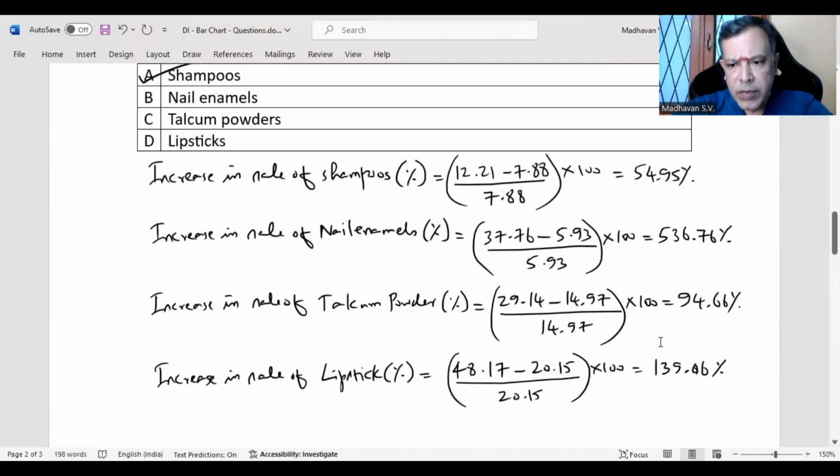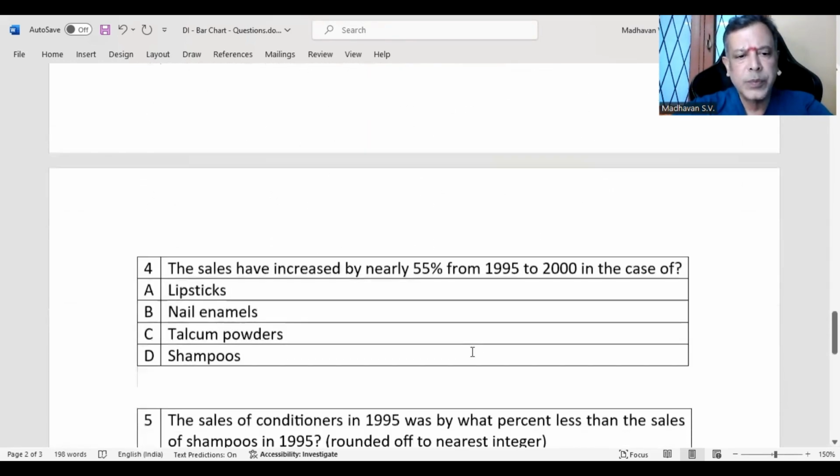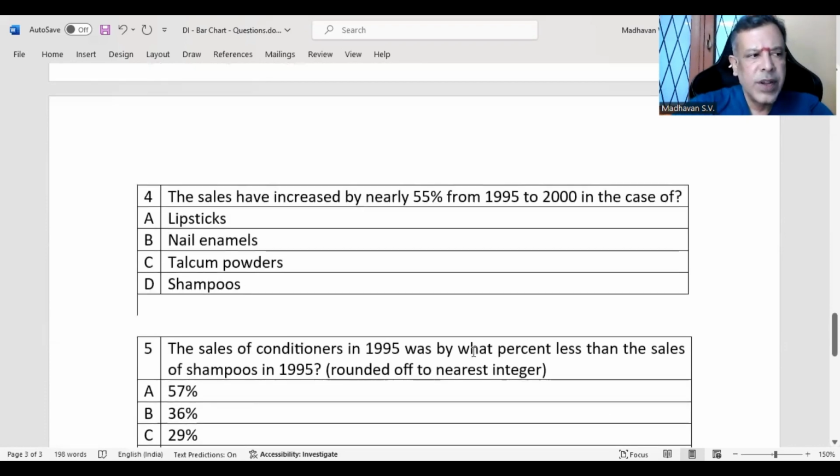So among these, we may notice this 54.95 is nearer to 55, which means our answer to that question also is shampoos. So here, straight away we can tick D, because that is giving us 54.95%, which is approximately equal to 55%.